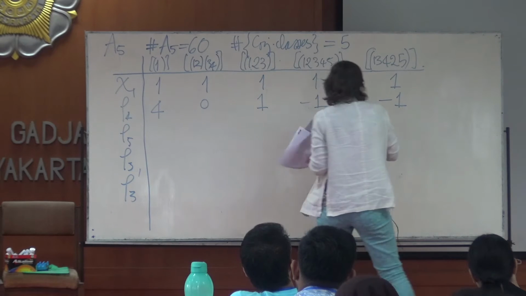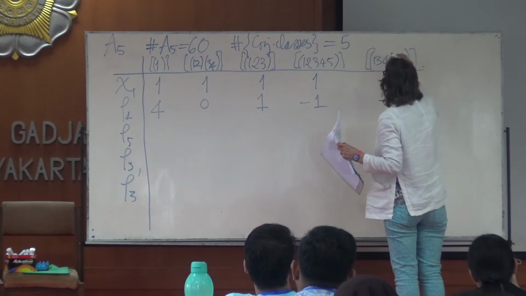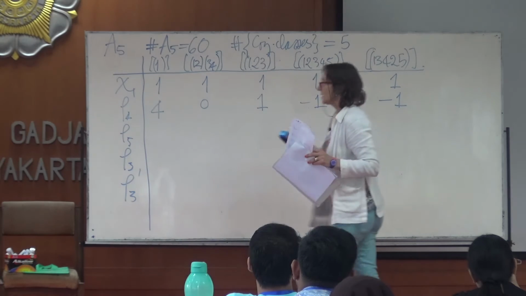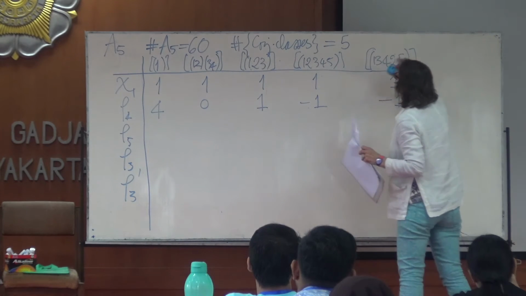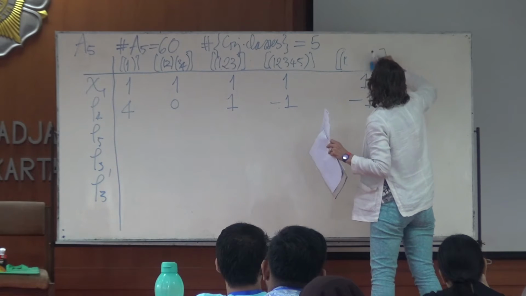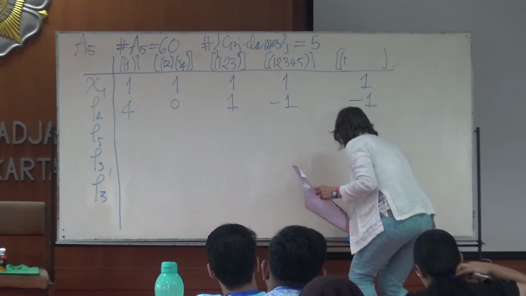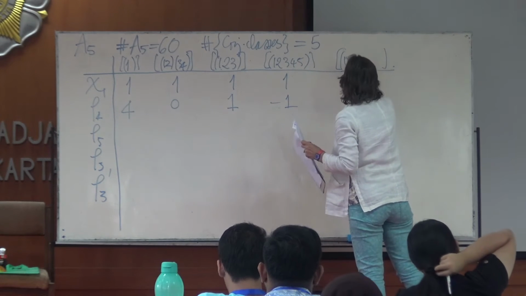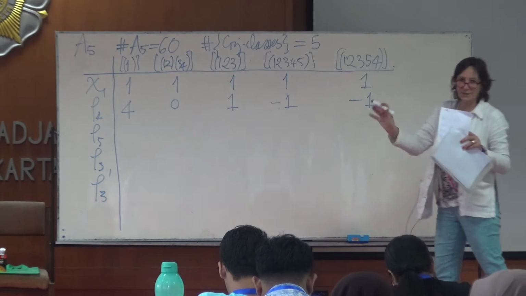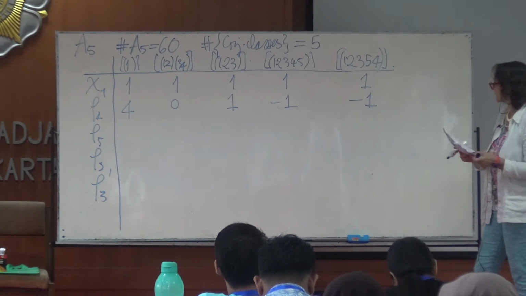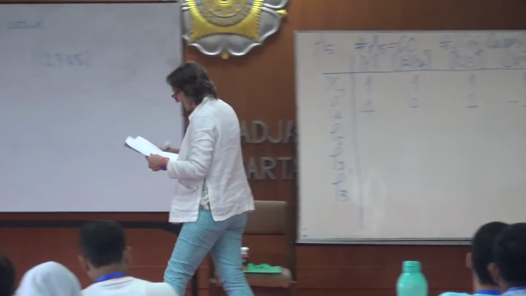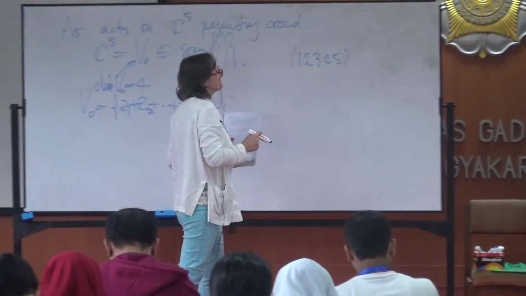Okay, let's just call it prime for the moment. (1 2 3 5 4). Okay, so we are safe. In fact, I copied it from the other notes and didn't check it.